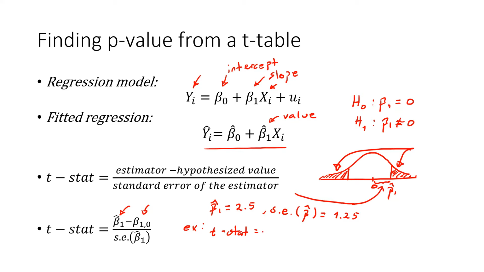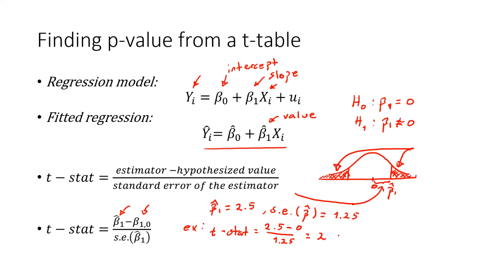And the t-stat in this case, with the null hypothesis of beta 1 equals 0, then we get 2.5 minus 0 divided by 1.25, which is 2, right? So our t-stat is 2, and we would like to know what kind of probability we have at random if the null hypothesis is correct and the standard error is correct.